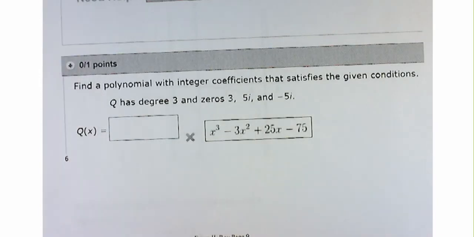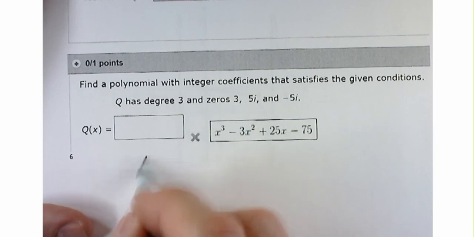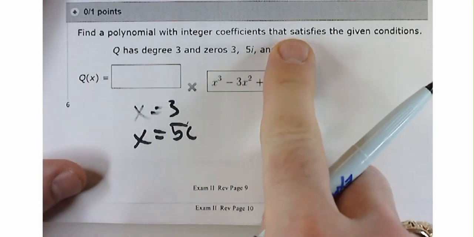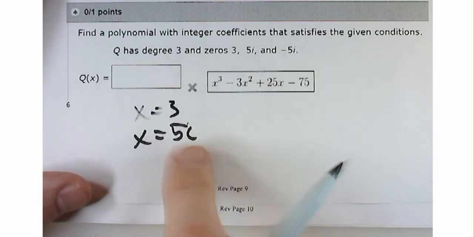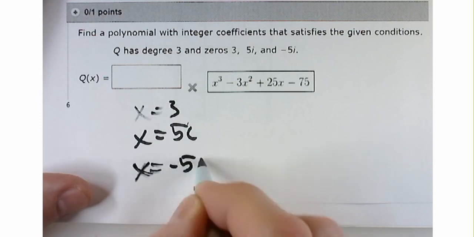If something has degree 3 and roots here and here, then it's x equals 3, x equals 5i. Now, if I give you a problem, I'd probably give you this much, because these roots have to occur in conjugate pairs. So the other one would be -5i.